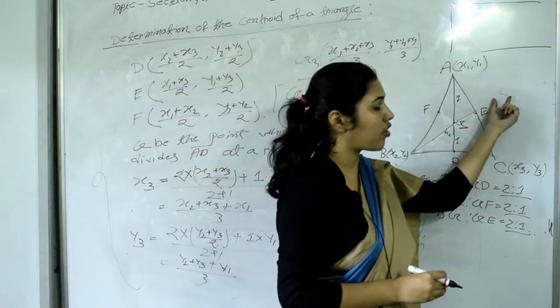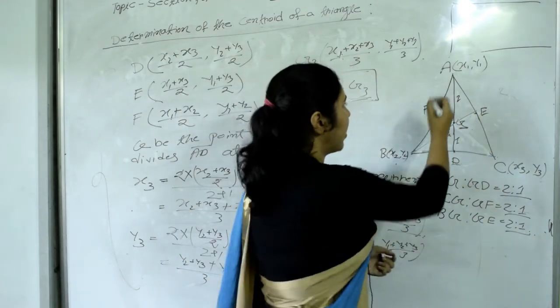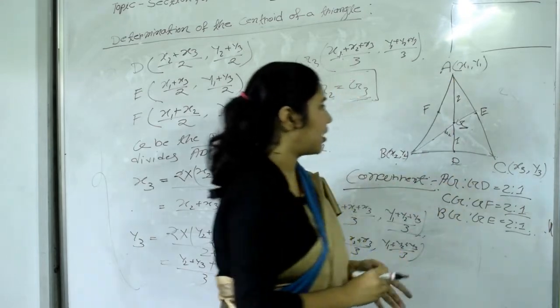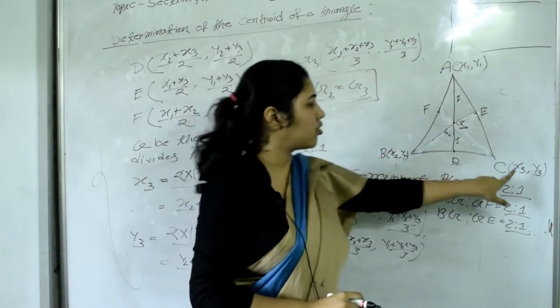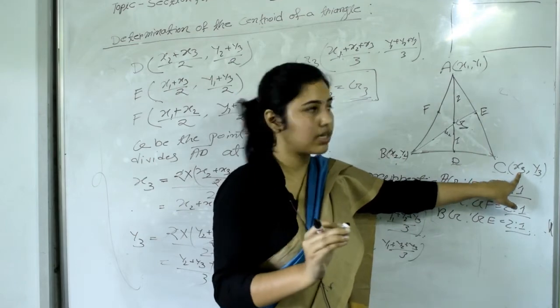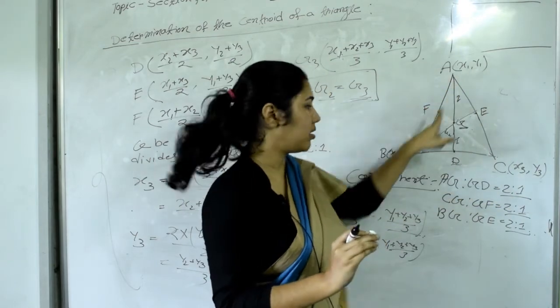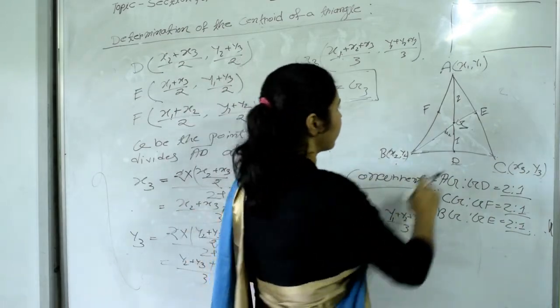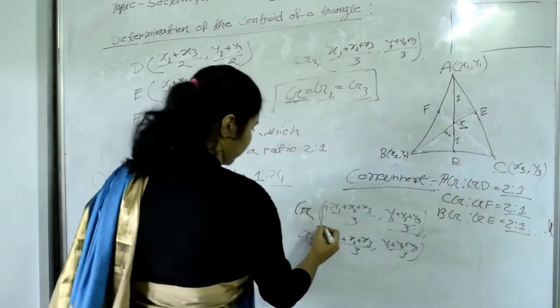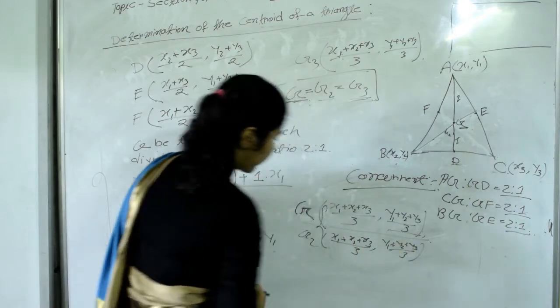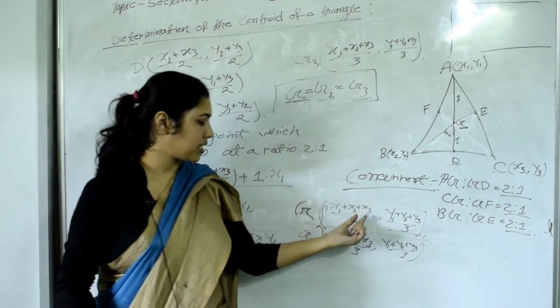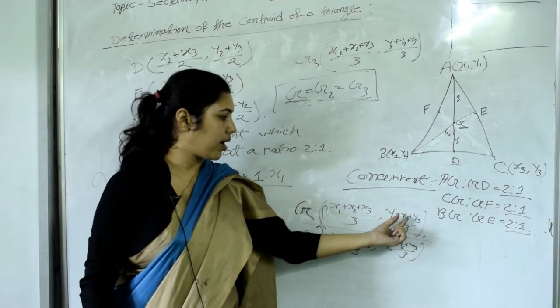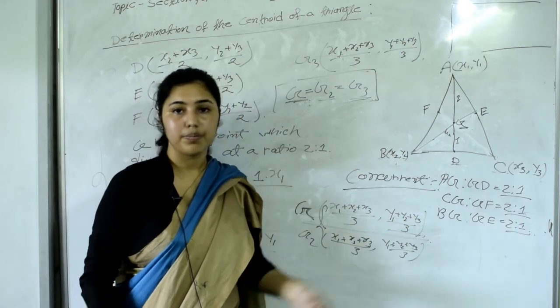So the centroid of this triangle with vertices ABC is x1 plus x2 plus x3 by 3, comma y1 plus y2 plus y3 by 3. Okay? Here x1 plus x2 plus x3 by 3 and y1 plus y2 plus y3 by 3.